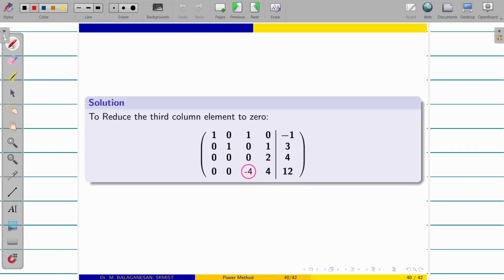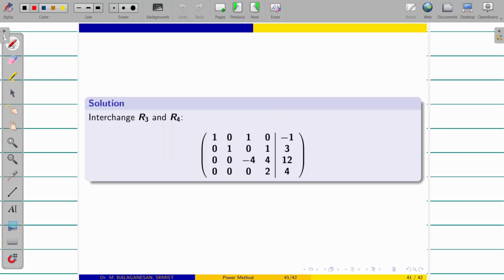Look at that. This element we have to reduce to 0. Now I'm going to interchange these two rows because the pivot should not be 0. If it is 0, you have to interchange the rows and then do the calculation. Now after interchanging we automatically get the upper triangular matrix. This is reduced to 0, and we need not do any calculation for that.